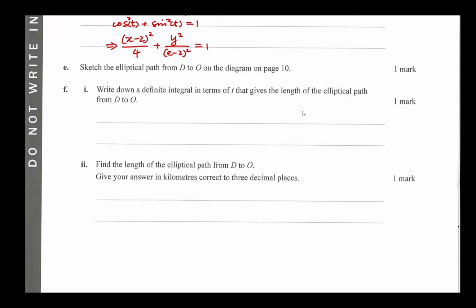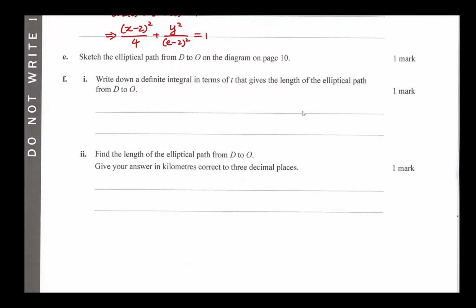Finally, we want to write down a definite integral in terms of t that gives the length of the elliptical path from D to O, and find the length of the elliptical path from D to O. So this is a standard arc length question. So what we are applying is length equals the integral from the smaller t value to the larger t value of the square root of the derivative of x squared.